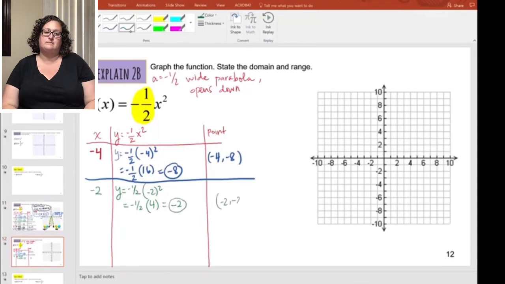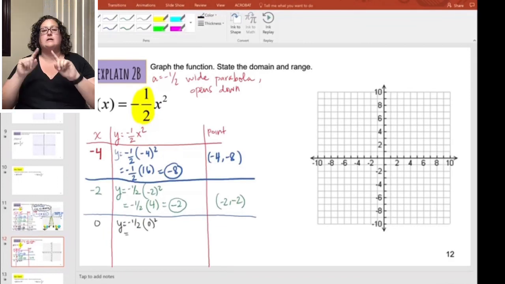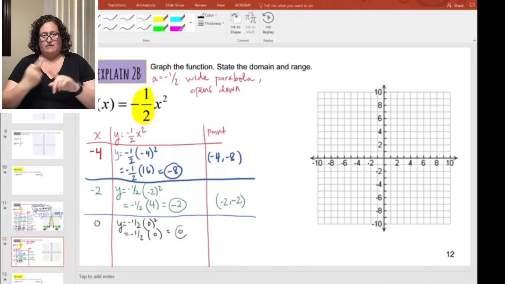So -2, -2. Our third point is going to be when x equals 0. When x equals 0, y will equal -1/2 times 0 squared. That's -1/2 times 0, which is just 0. Our third point is 0, 0.